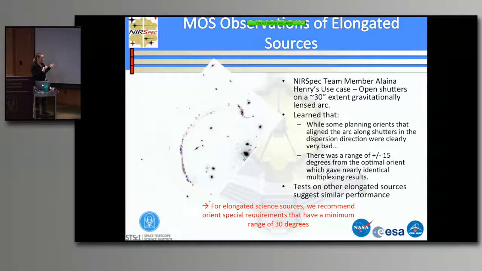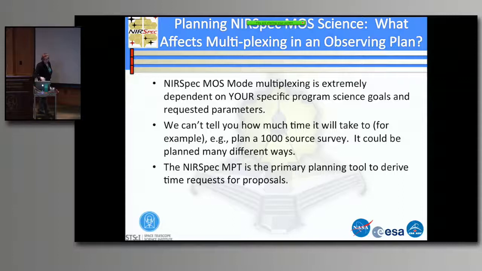So you can envision a jet outflow from an AGN or a young star that's elongated, or a number of other possible elongated source distributions. And if you can find a good orient and select a range that's plus or minus 15 degrees from that, that's the optimal situation for scheduling. So we recommend this special requirement have a minimum range of 30 degrees, and that's where that came from.